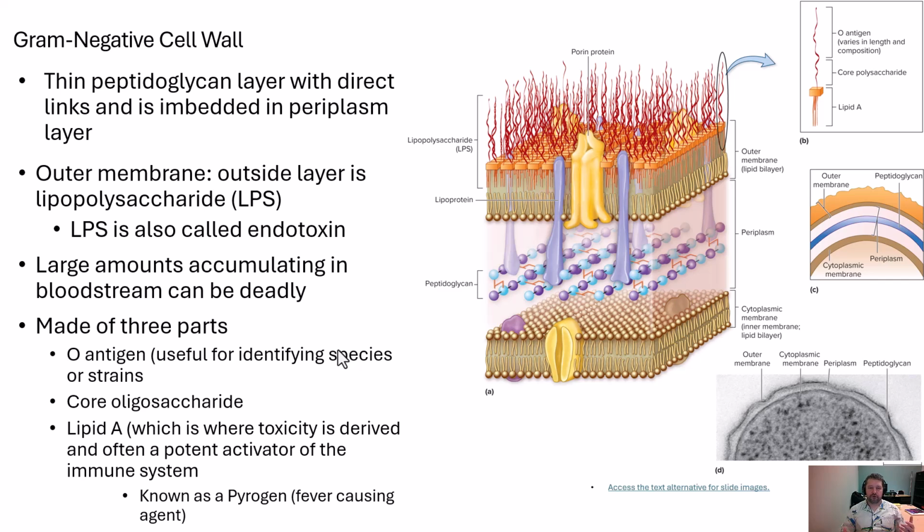And so with gram-negative bacteria, often we're more concerned because of this capsule layer that forms outside the peptidoglycan, that protective capsule, which is made of an antigen, polysaccharide, and lipid A. And again, it's fat-based, so it doesn't dissolve very well in water.